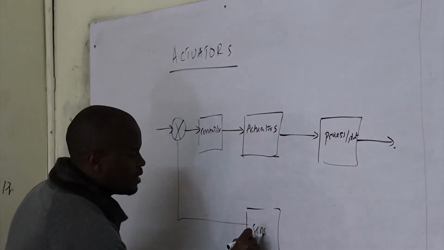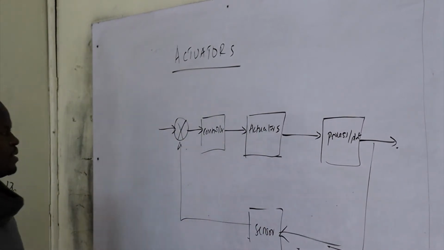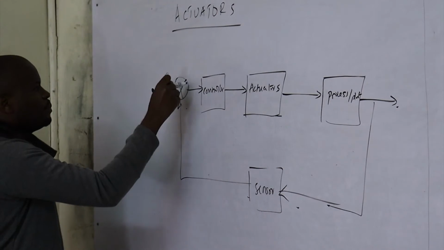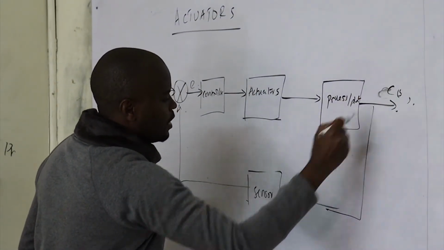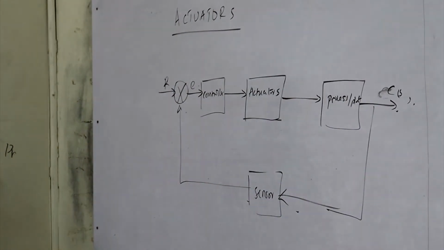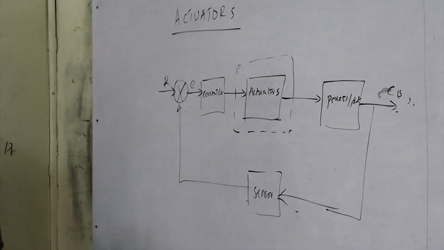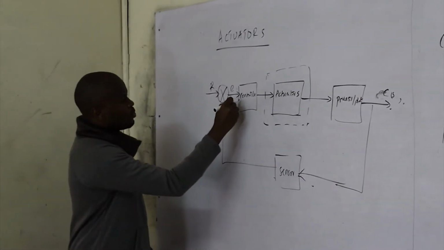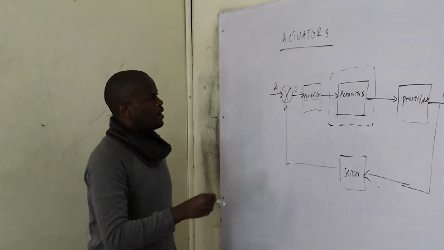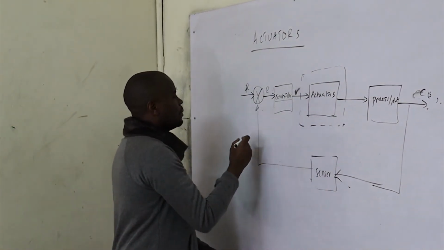So here we have the sensor in the feedback that is always used in order to convert so that we have the input to be in the same level and the same dimension as the output. So when you talk about that, then what we are talking about now is the actuators. What is the purpose of the actuators? Just as we had mentioned earlier, the main work of the controller is always to amplify the error. And the output is always in terms of voltage.